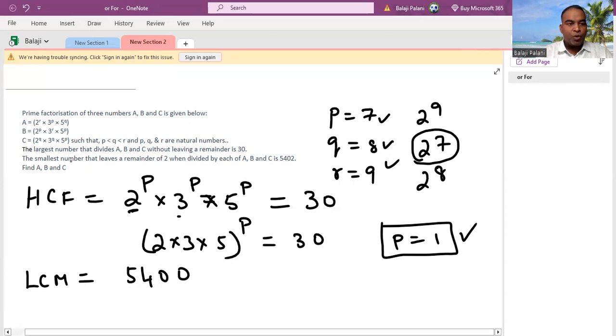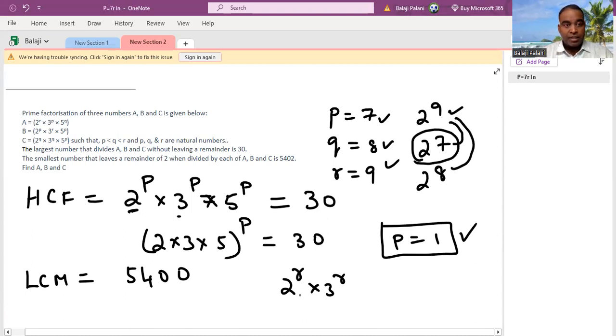Now, let's find out what the LCM of A, B, and C is with the given prime factors. We know that R is the greatest, so we will pick 2 power R, which is present in A. Do we have R in prime factor 3? Yes, B is 3 power R, so the highest value will be 3 power R, which includes P and Q. For example, if I'm picking 2 power 9, 2 power 7 is already a factor of that, and 2 power 8 is also a factor of 2 power 9.